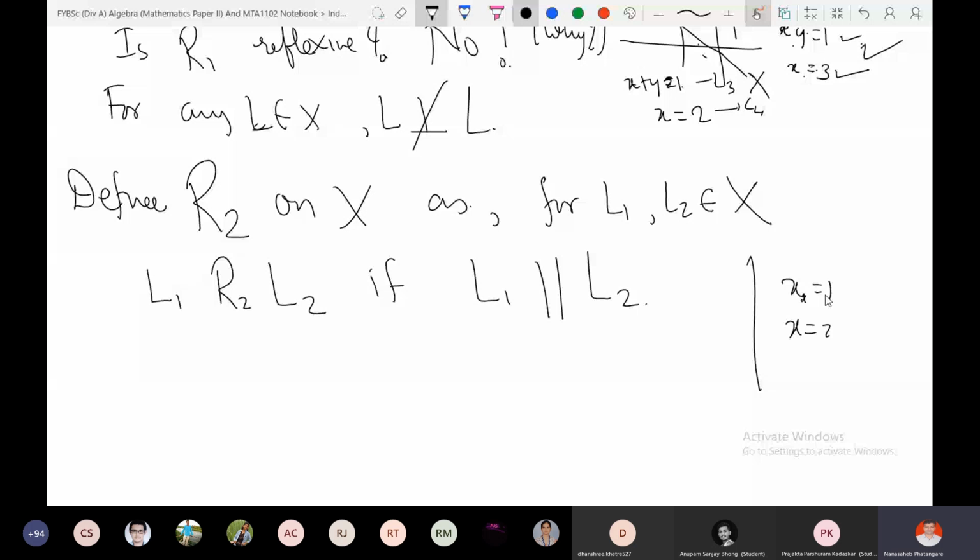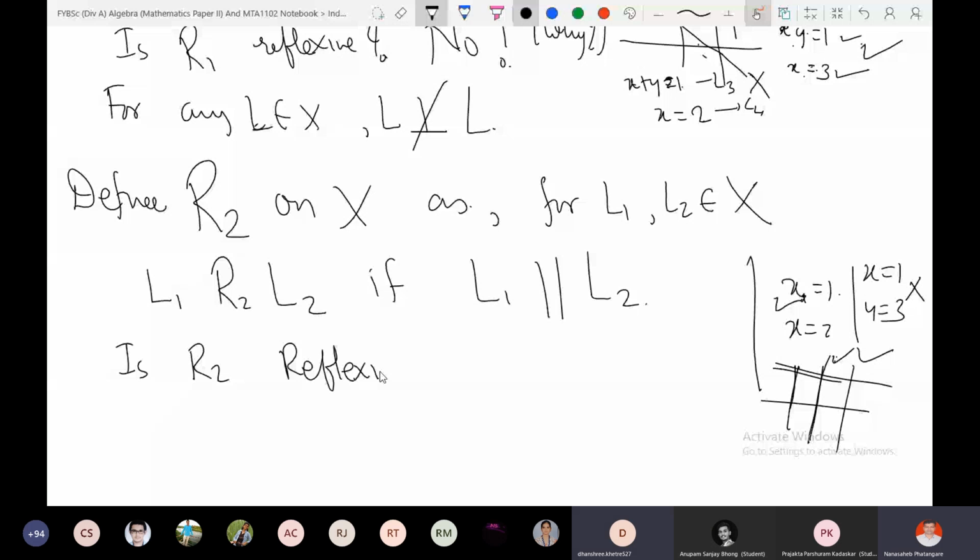But if I take the line x equal to 1 and y equal to 3, they are not parallel, so these two lines are not related. Now, is R2 reflexive? Yes, because every line is parallel to itself.